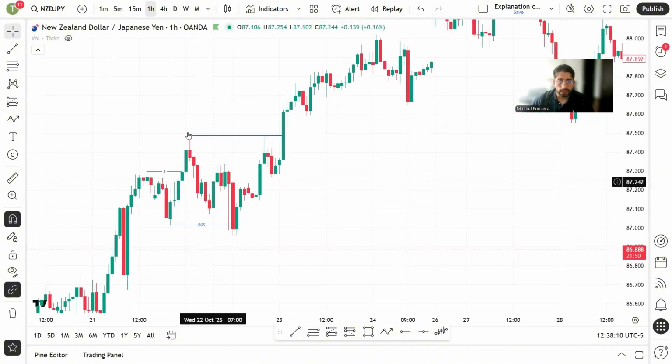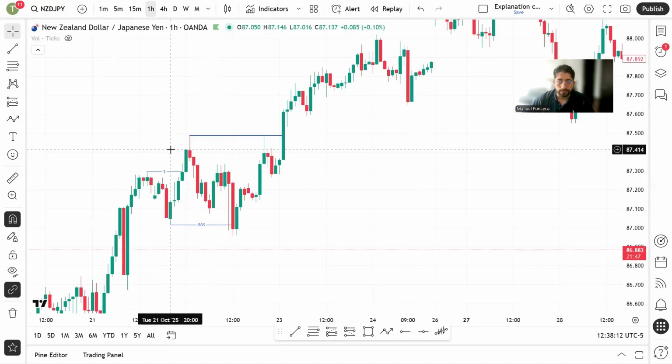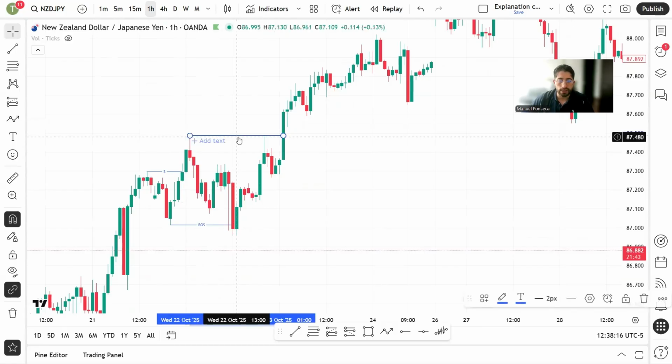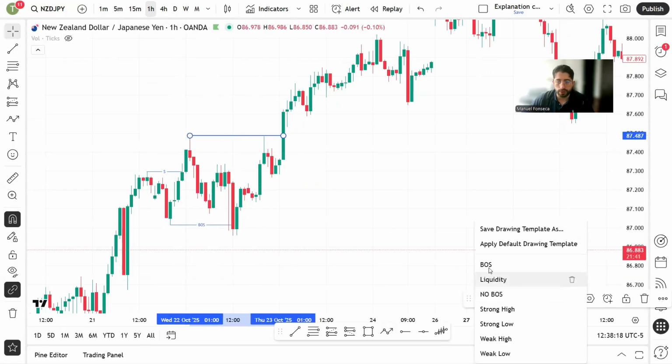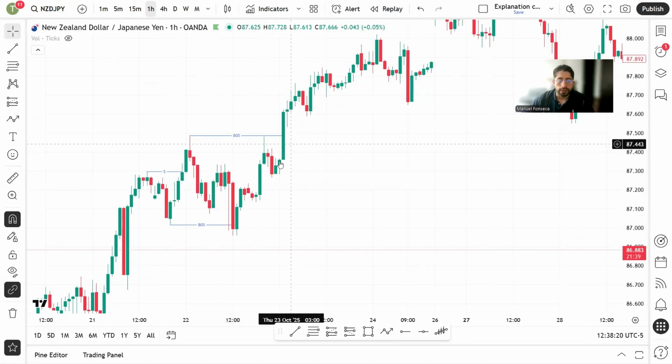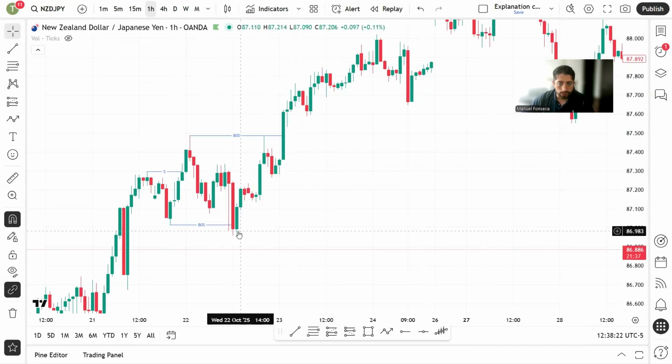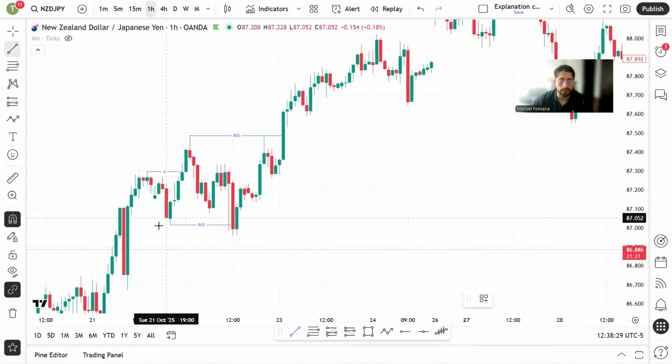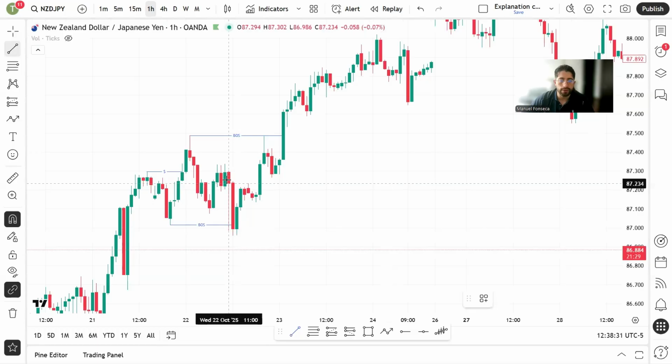So this is considered the end of a range, right? But once the price breaks it with the body of a candle, this weak high of course becomes a break of structure. This low, this closest low, not this one. No, this one, when we have the pattern of liquidity taken and then a break of structure, which will be this one, right?